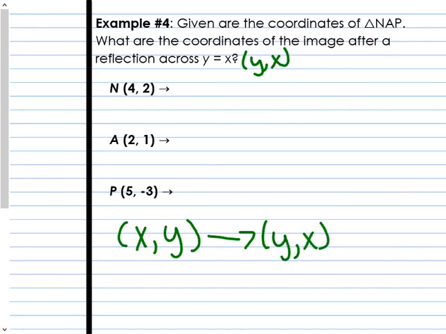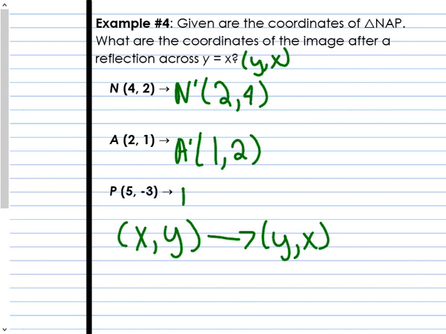So they're just switching places. So N prime becomes 2, 4. No signs are changed, just the order. A prime is 1, 2. And P prime is -3, 5. These are my new coordinates.